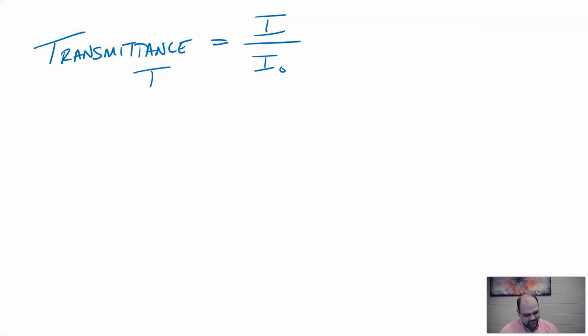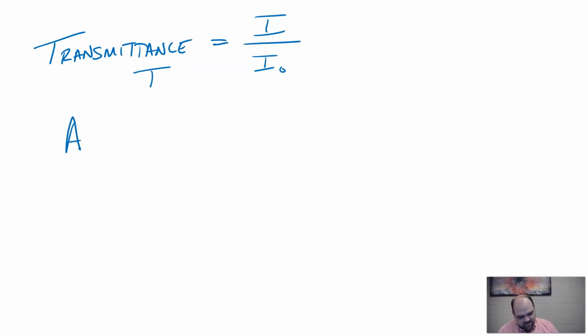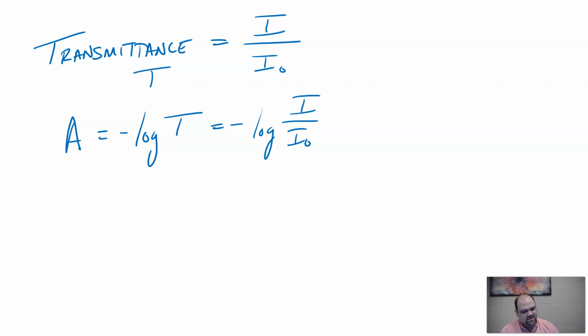So absorbance, or big A, is equal to the negative log of T. We could rewrite that as the negative log of I over I naught. This value, of course, should be less than 1, and so taking the negative log, we should get a positive value for absorbance.